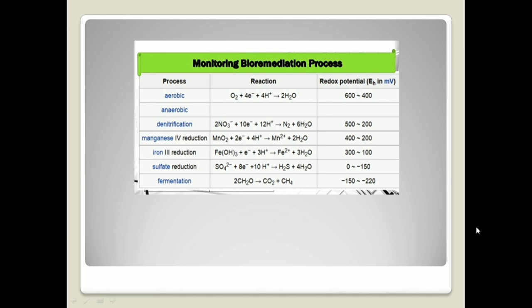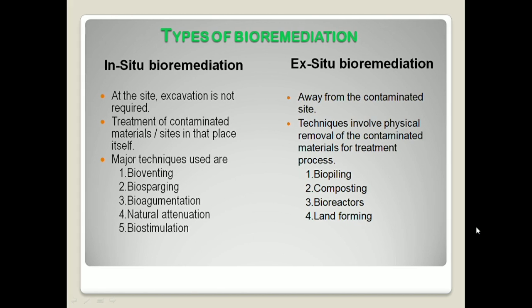Types of bioremediation. There are two types of bioremediation broadly: in situ bioremediation and ex situ bioremediation. In situ bioremediation is where the remediation process is done at the site. Excavation of soil or the polluted site is not required.